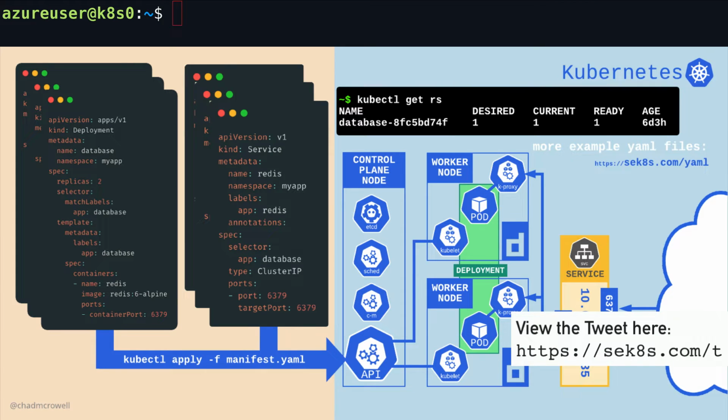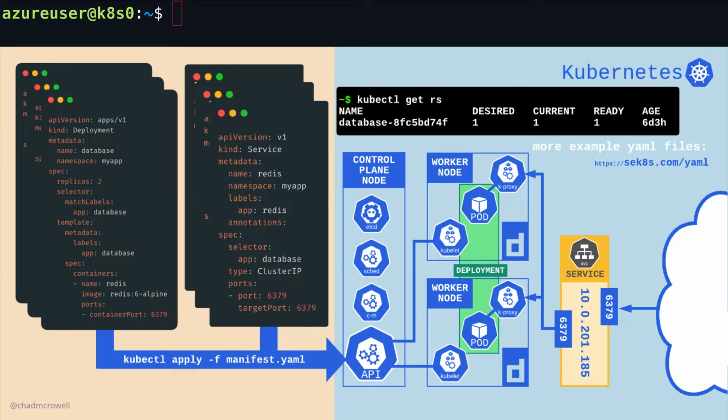In this diagram, we see that submitting YAML to the API is fairly straightforward. More specifically, the YAML is declarative versus imperative. Declarative means that you describe how you want your application and its end state to be, as opposed to imperative, where you're performing one command after the other.